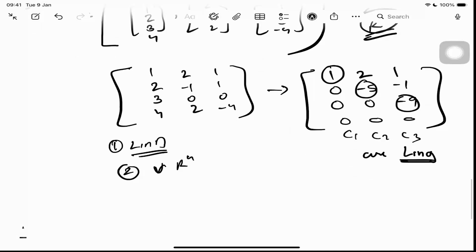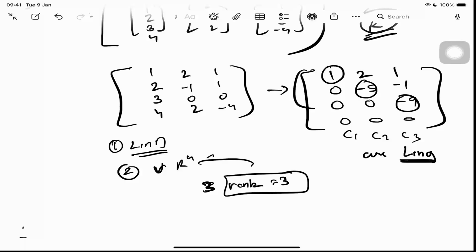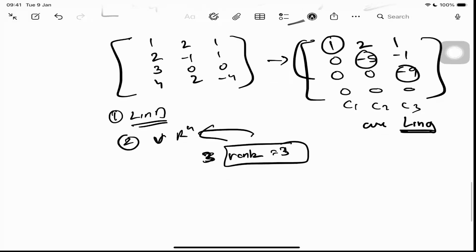But after getting the row echelon form, we are only getting 3 vectors. So its rank, which I'll tell you about in some time, is 3. Hence, we can't traverse the whole 4-dimensional space with that. Hence, it's not a generating set, and it's not a basis of R4.